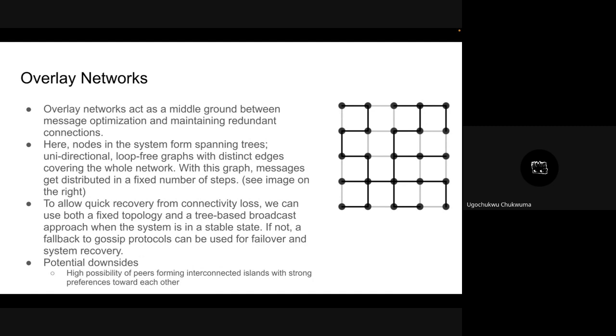The first one is heartbeats and pings. Each of them checks on the others every once in a while to ensure everybody's still online. If one is not online, the one who detected it could send a message to the others to let them know.